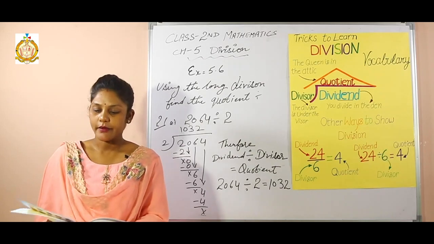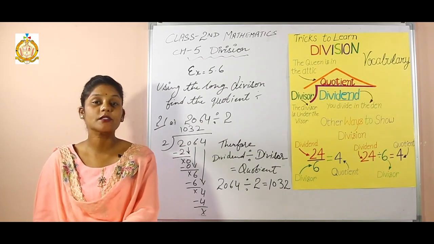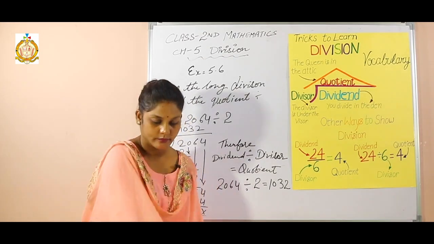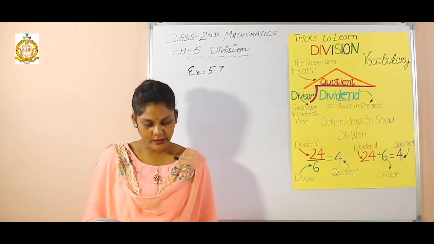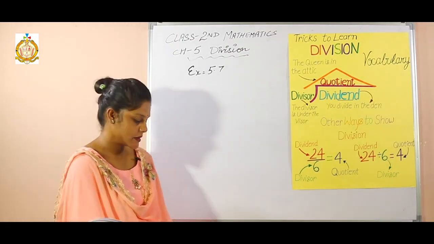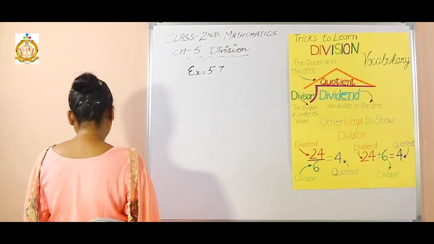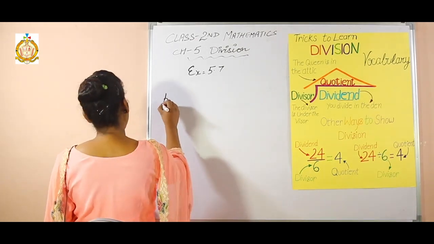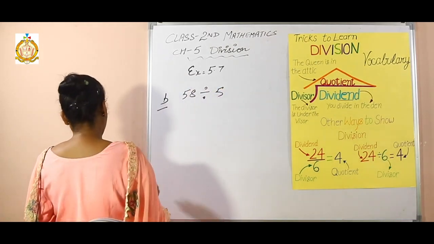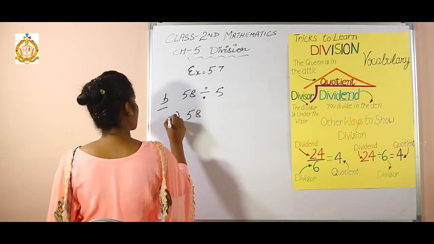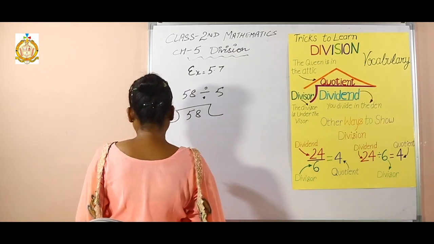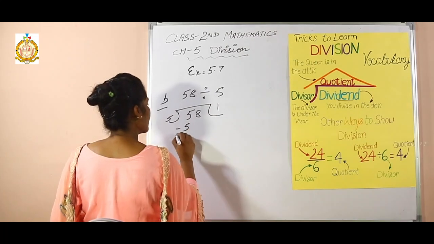Okay, then next I want to solve the exercise. Please open page number 113, exercise 5.7. Here is the second sum: 58 divided by 5. 5 ones are 5.